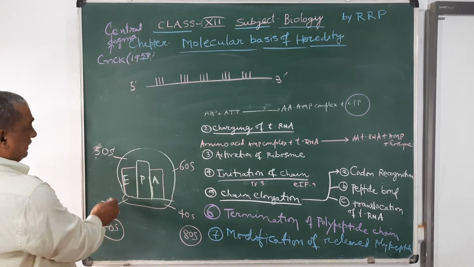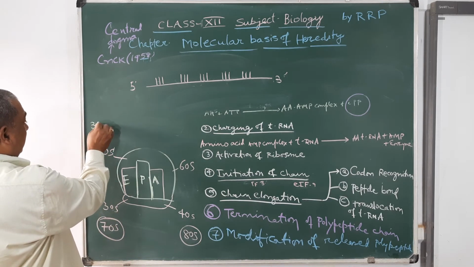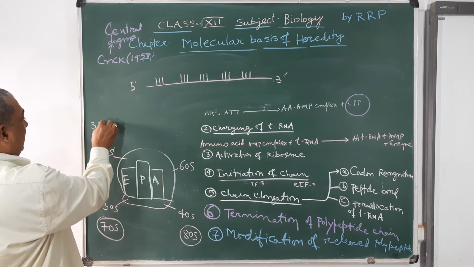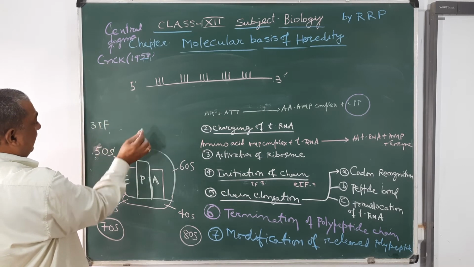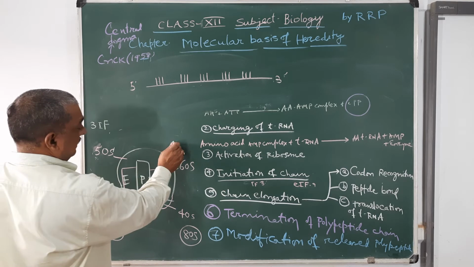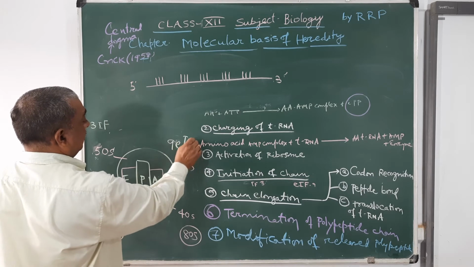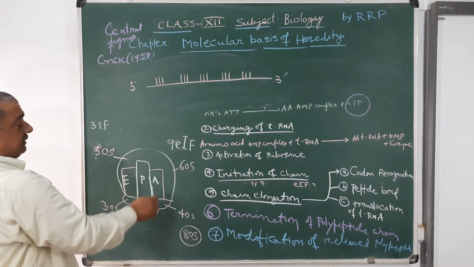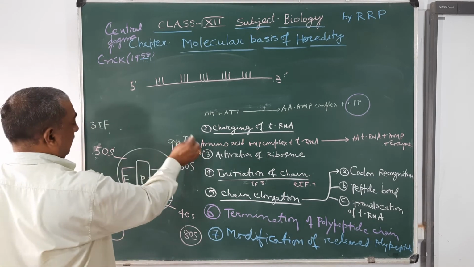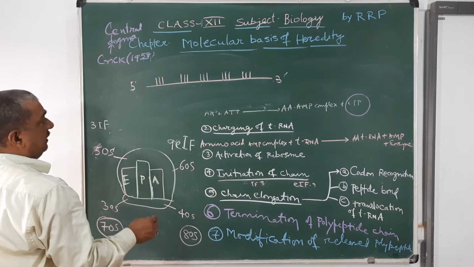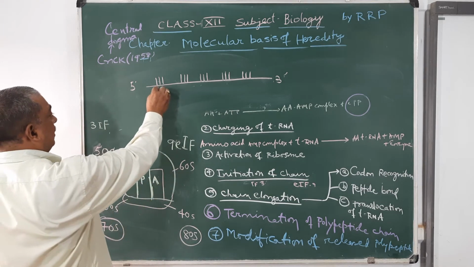In prokaryotes, there are 3 initiation factors, IF1, 2, 3. But in eukaryotes, there are 9 initiation factors: 1, 2, 3, 4, and in 4, A, B, C, D. So this is called the initiation codon.